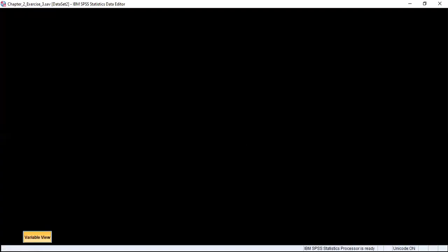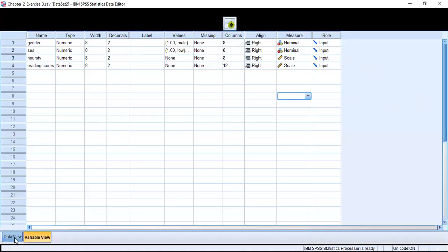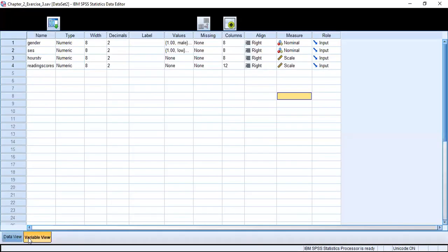It has been a bit problematic right now, but we just need to wait for a while. By the time, things will get better. We have the variables here. We have the data view here and the variable view here. The variables are already given to us.